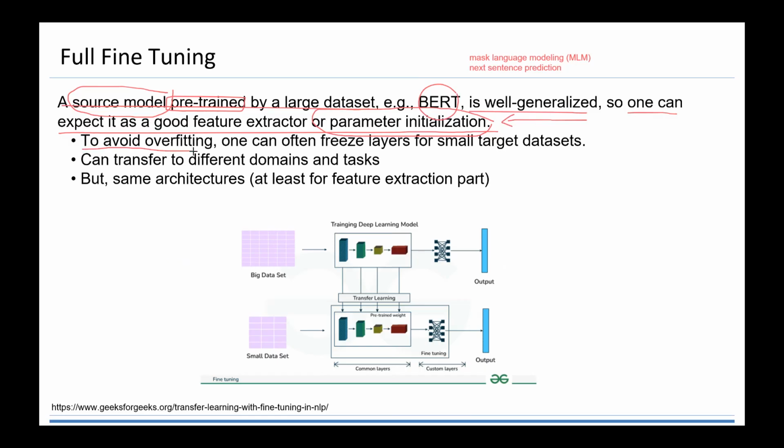To avoid overfitting, one can often freeze layers for a small target dataset and can transfer to different domains and tasks, but using the same architecture, at least for the feature extraction part. For example, if we have a big dataset, we can train using deep learning.